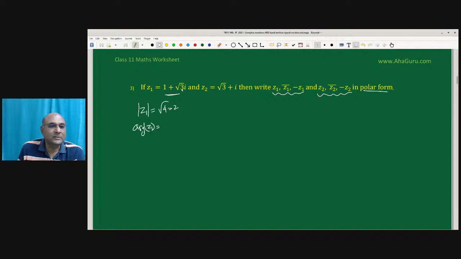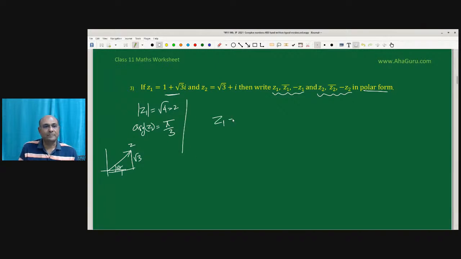Well, if this is the Y value and this is the X value, tan theta is root 3, right? Tan theta is root 3 means 60 degrees, so pi by 3. And so Z1 is 2 e power i pi by 3.